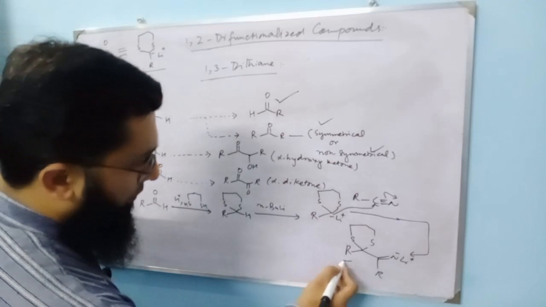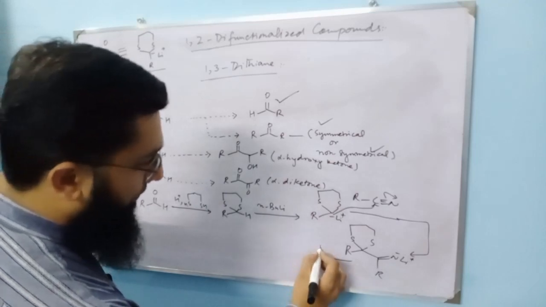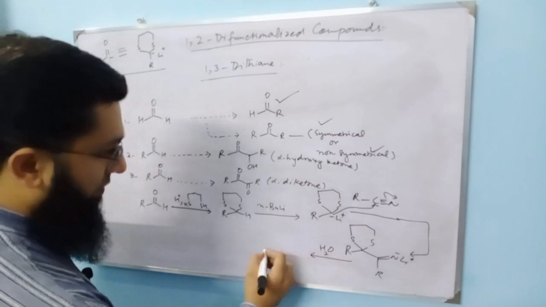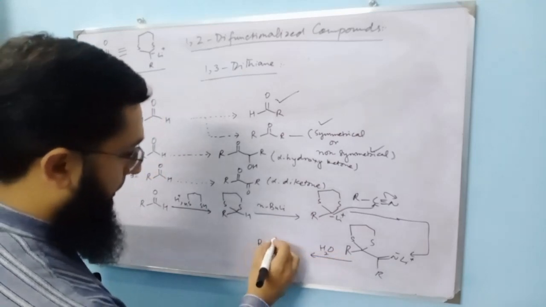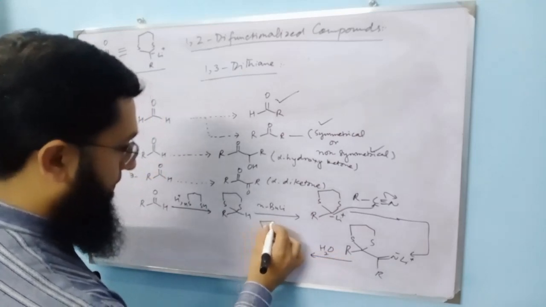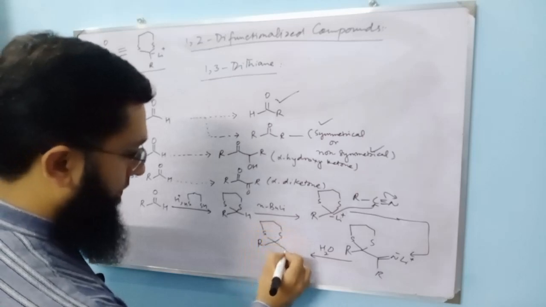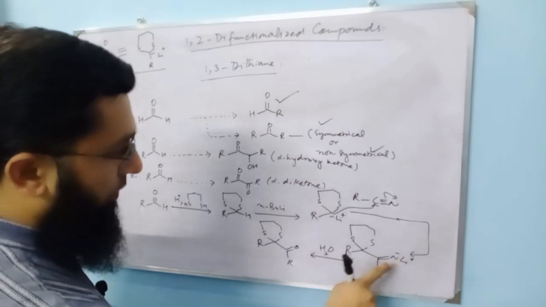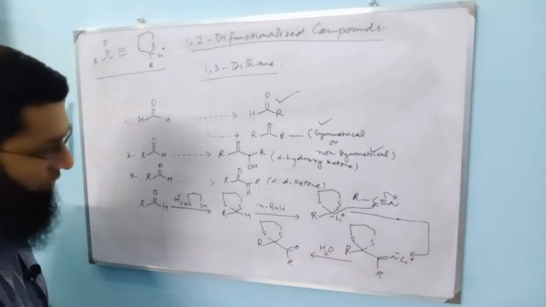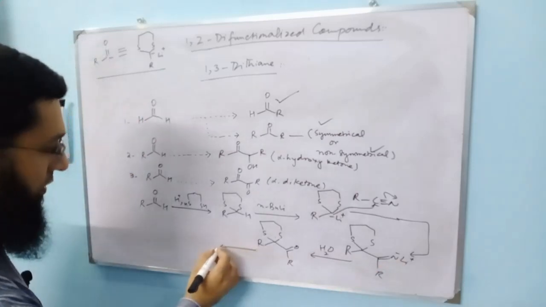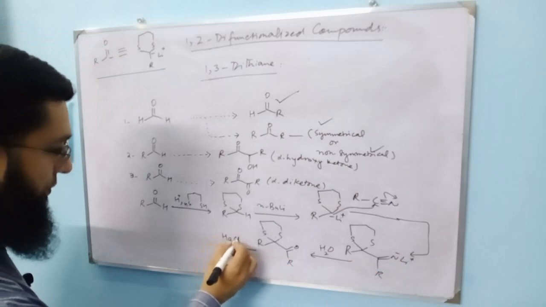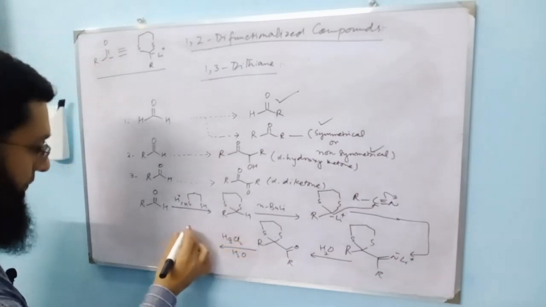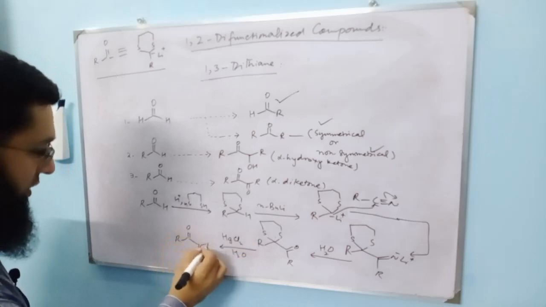Now upon hydrolysis we will get this one. This would be hydrolyzed to the corresponding keto group, and then hydrolysis with HgCl2 and water, we will get the alpha diketone.